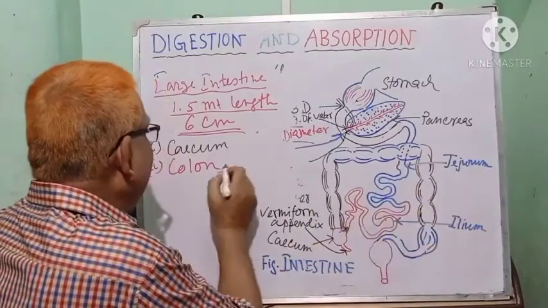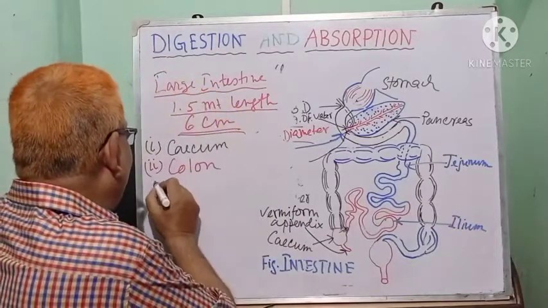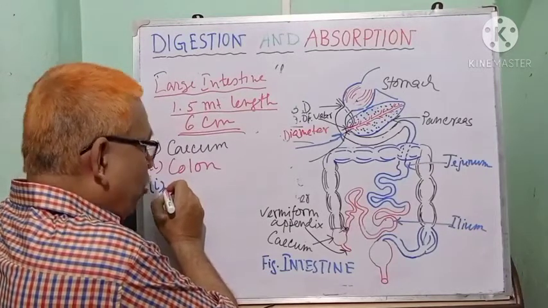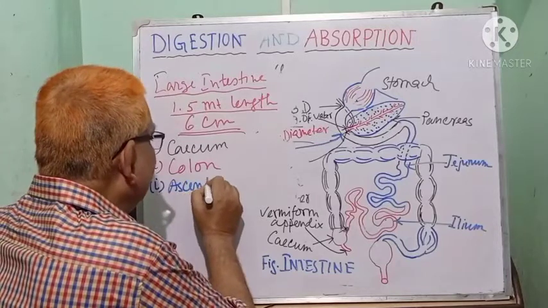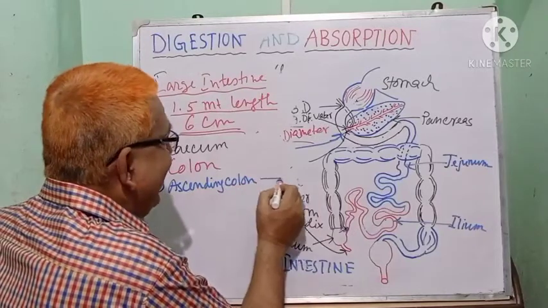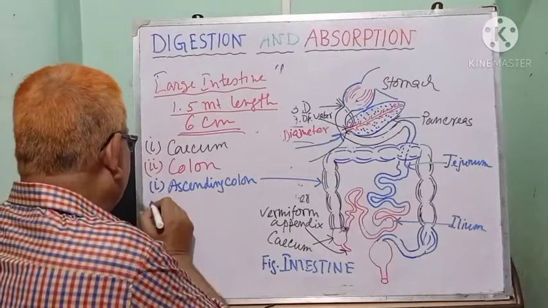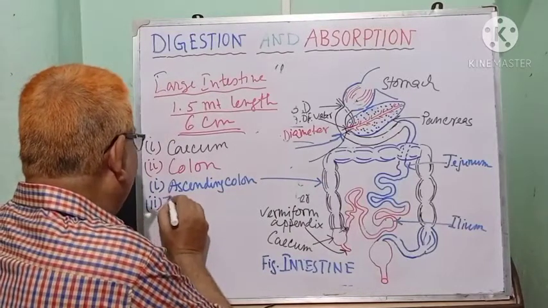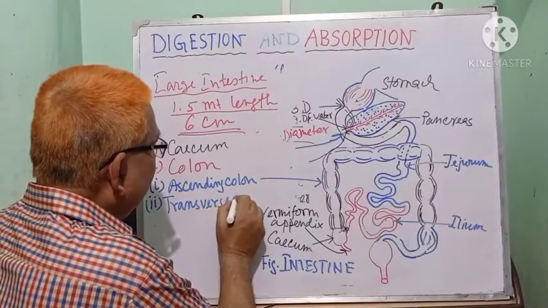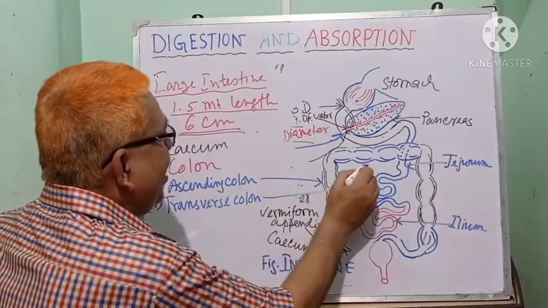And this colon is again subdivided into one, ascending colon. This is ascending colon. Next, transverse colon. This is transverse colon.